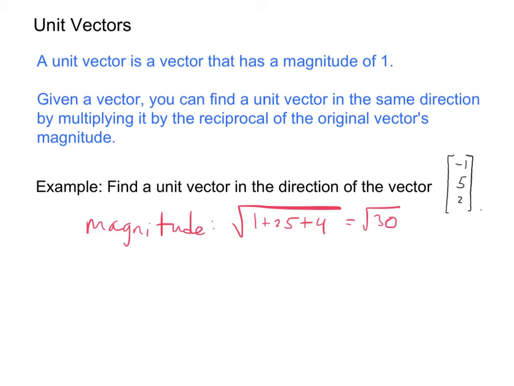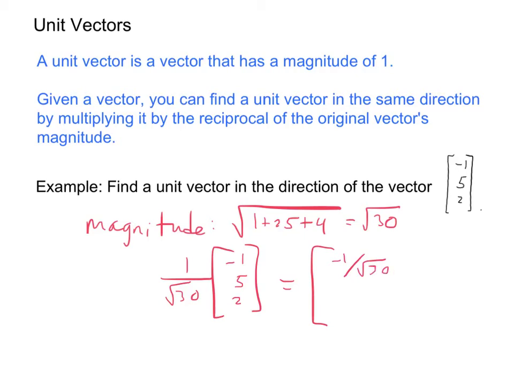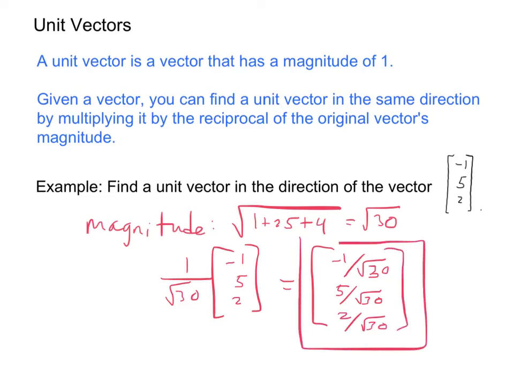So if I wanted to sort of cut it down, I could take that vector and multiply it by 1 over the square root of 30. Then we could finish writing this answer by just distributing that in and ending up with negative 1 over root 30, 5 over root 30, and 2 over root 30. And this is a unit vector that is in the same direction as this vector.